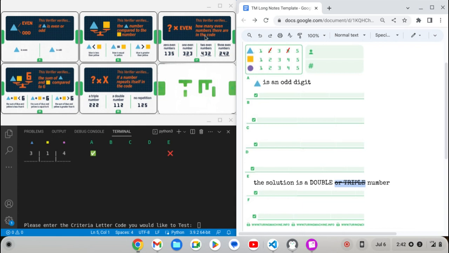That's a possibility. But if it is, let's talk about that. What if circle were even? I don't see anything there that would force circle to be either a 2 or a 4. I just don't see that.